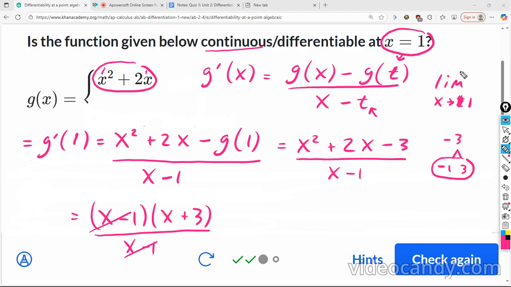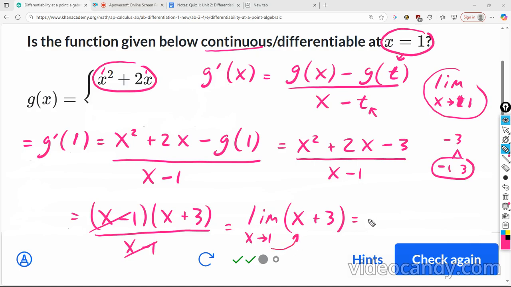So we're trying to find the limit as x approaches 1. I know I didn't write that each time, but I wanted to save some space. We're trying to find the limit as x approaches 1 of x plus 3. And now we can use direct substitution. We can just sub in the 1 in place of x.